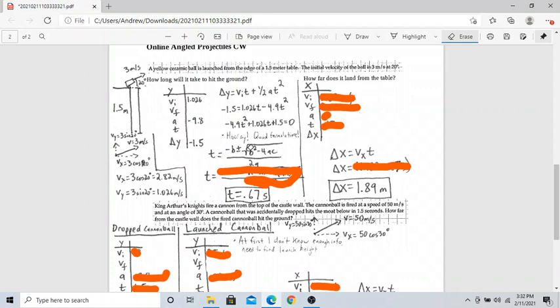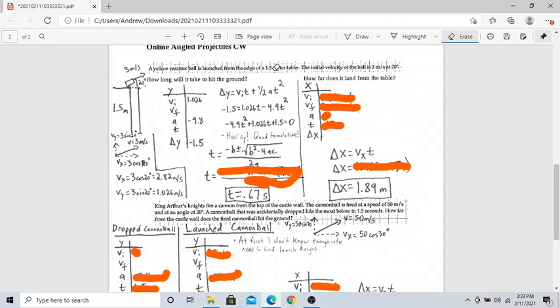All right? So, the quadratic formula, for those of us who aren't sure or don't remember, which happens, I had to look it up because I don't remember it, is negative b plus or minus the square root of b squared minus 4 times a times c, divided by 2 times a.